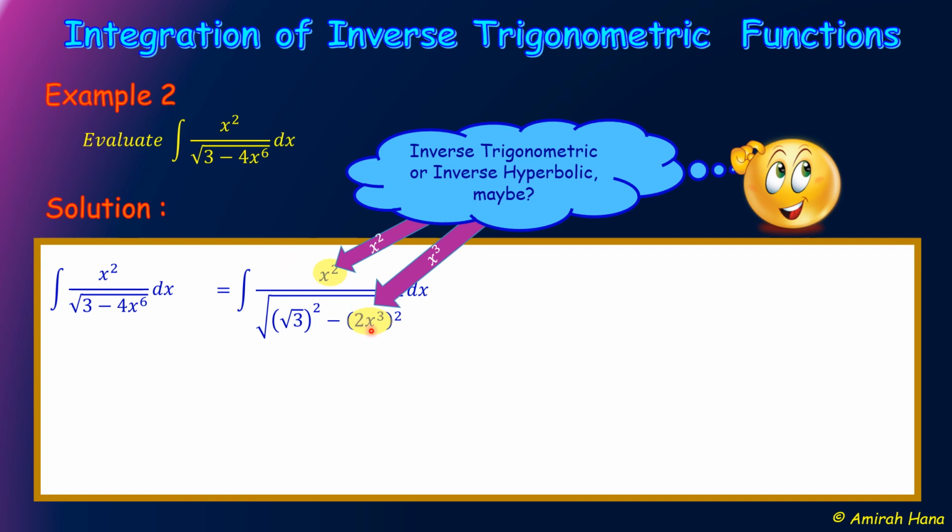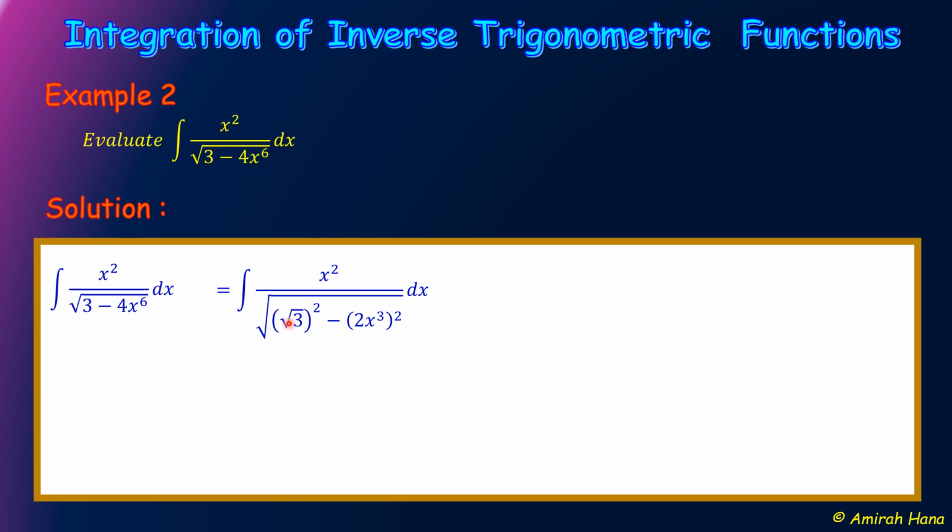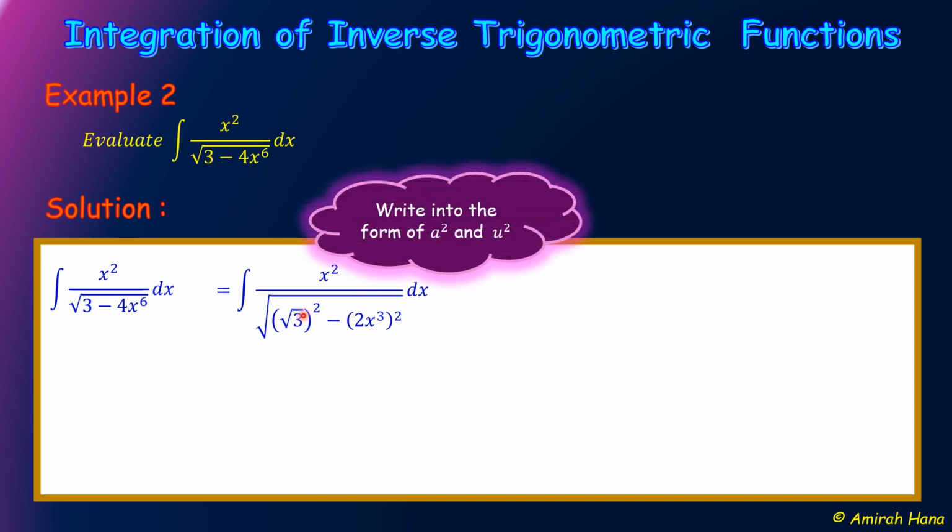For u, we choose the term containing x cubed because after we differentiate, we will get a term containing x squared, so that we can simplify the x squared. So we write it in the form of a squared and u squared, where a means constant and u means the term containing x, that we will differentiate.